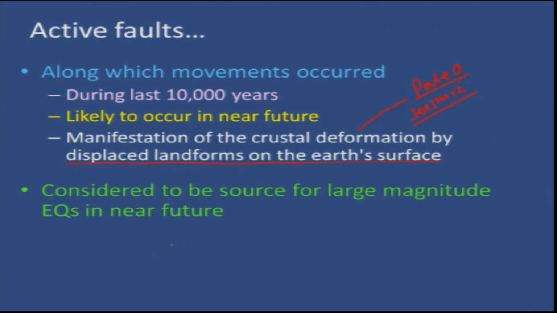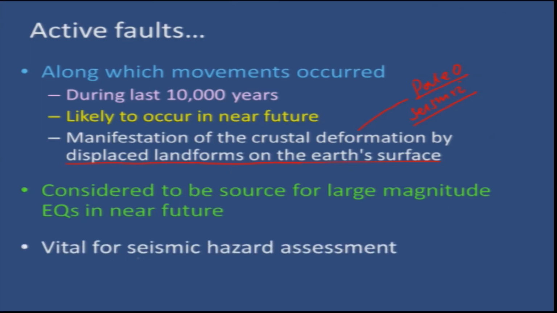Now this is important because they are considered to be the source for large magnitude earthquakes in the near future, and it is vital information taken for seismic hazard assessment. For any area which is seismically active, active fault information is extremely required. Okay, so this is one of the reasons why we want to identify the active faults on the surface.